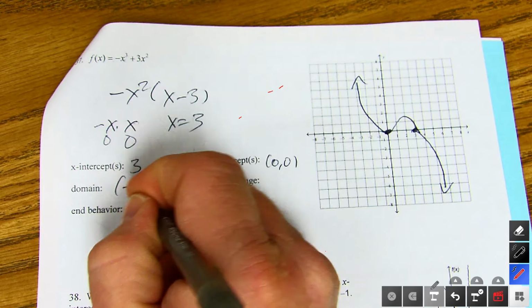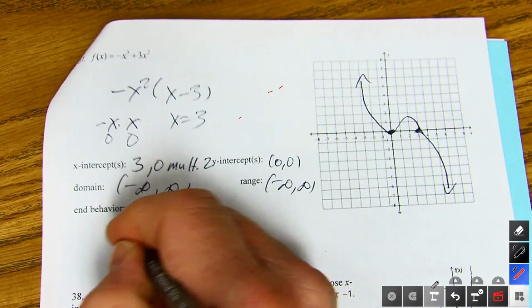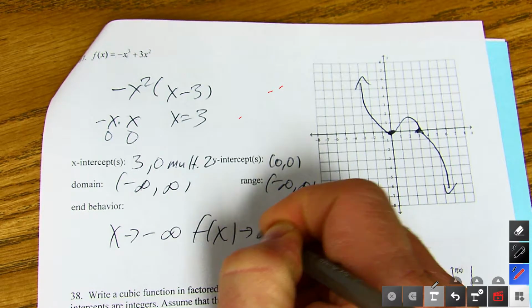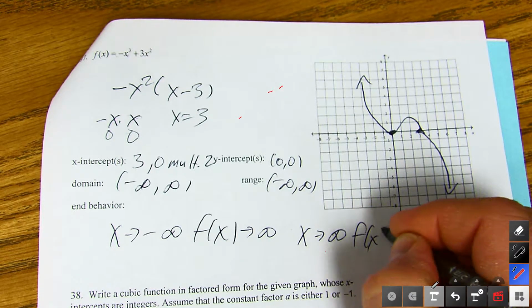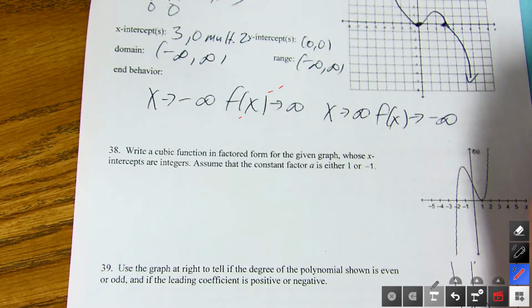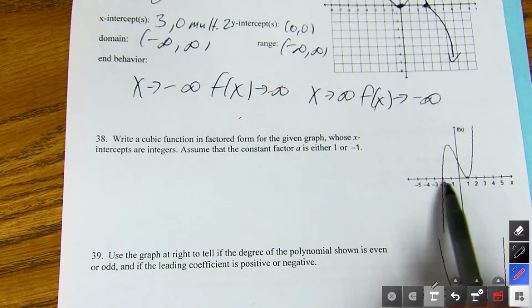Domain, negative infinity to infinity, range, negative infinity to infinity, end behavior as x goes to negative infinity, f of x going to infinity. As x goes to infinity, f of x going to negative infinity. Done. Write a cubic function in factored form for the graph whose given x-intercepts are integers.